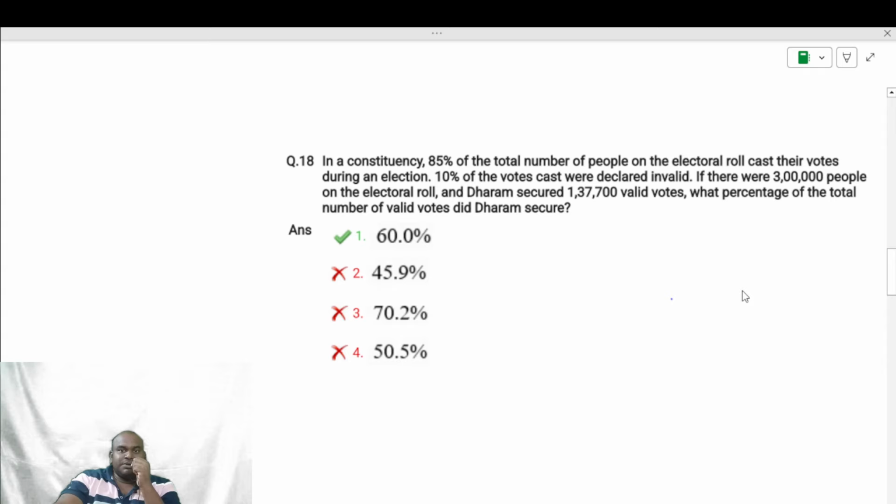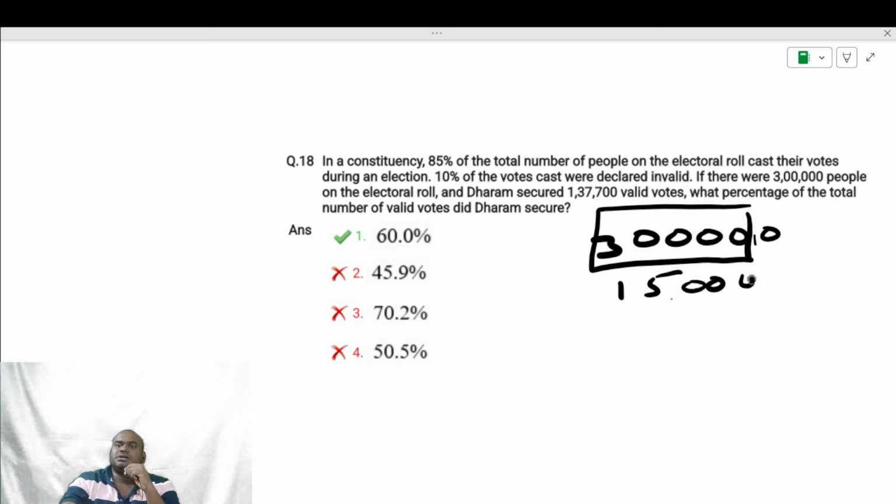See, total votes how many are? 3 lakhs. Out of which only 85% polled. See, what is 10% in it? 30,000. 30,000 is 10%. 5% is 15,000.